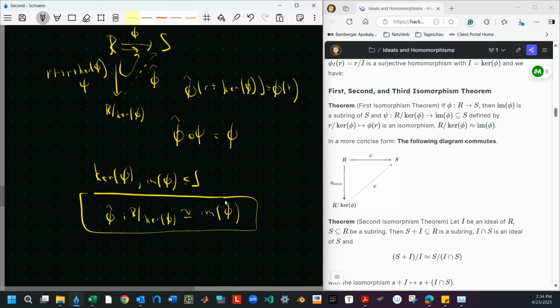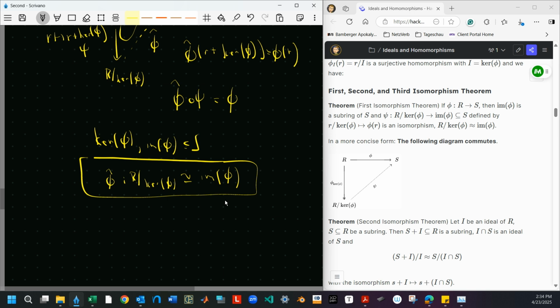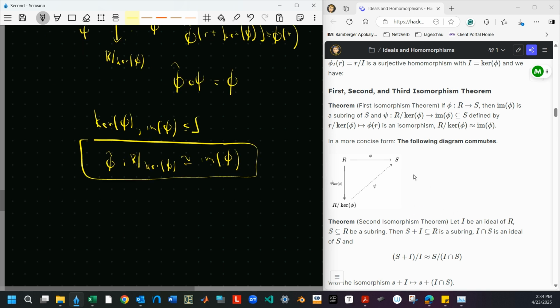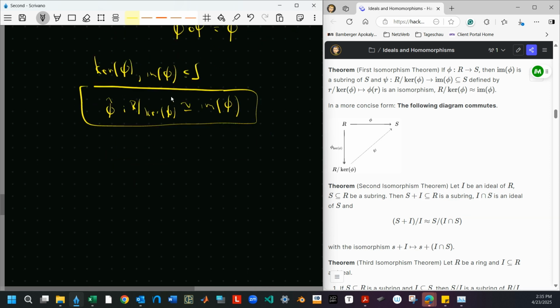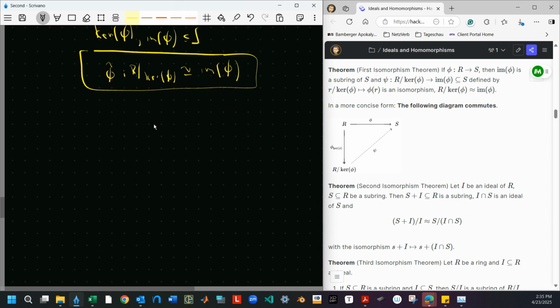So that's the first isomorphism theorem. I drew the picture and said it commutes and said that's the first isomorphism theorem. That's literally true, that's what it is. And we use that all the time. We will use this a bunch, surprisingly often. It's used a lot in group theory too. We just didn't use it that much, but in ring theory we'll actually use it a lot.